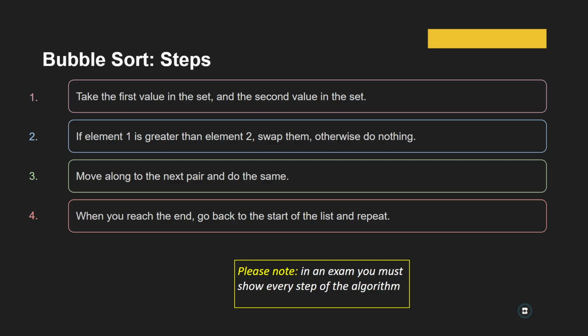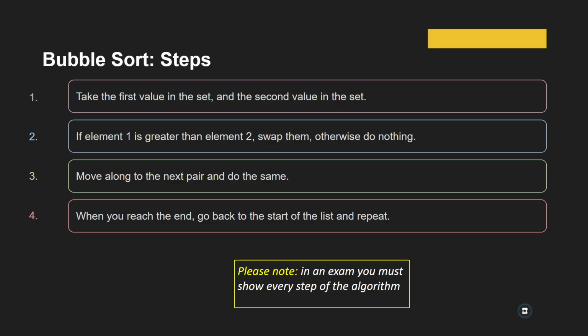We call that another pass. And we keep doing it until all of the items are in the right order. Now remember, in the exam, you must show every step of the algorithm. You need to show which elements you are comparing and whether you are swapping or not. To get full marks, you have to show all of that, right?